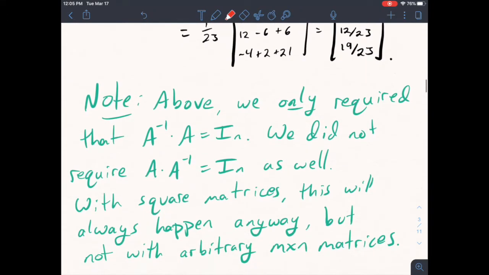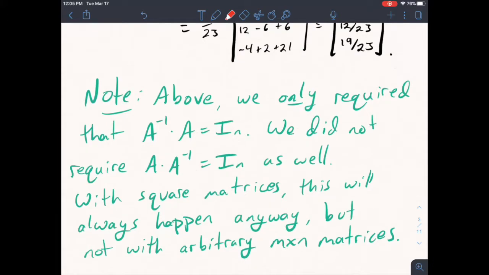So, as a note, in the above, we only required that A inverse times A is equal to the identity matrix. So I'm thinking of this as being like a left inverse. We did not require that A times A inverse multiplying on the right is also equal to the identity matrix. So this right here, if I multiply on the left, we're going to call this a left inverse, and if I multiply on the right and get the identity matrix, that's called a right inverse.